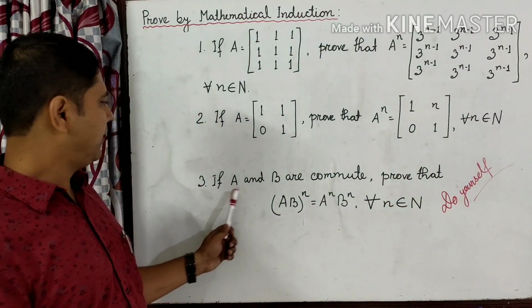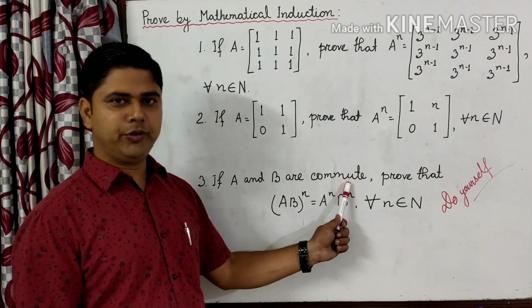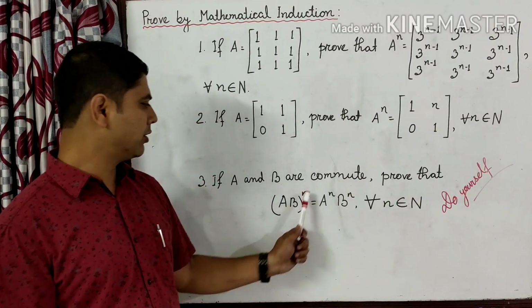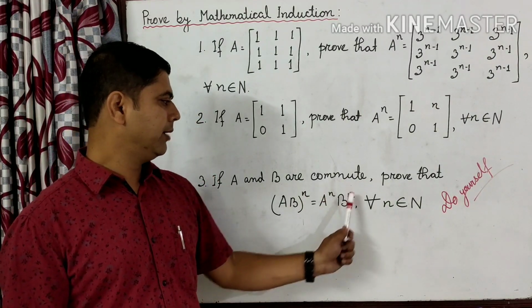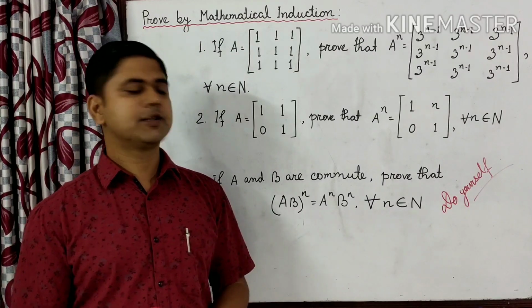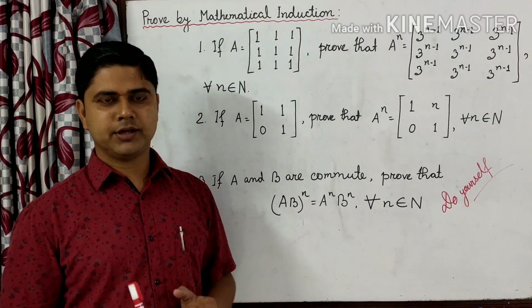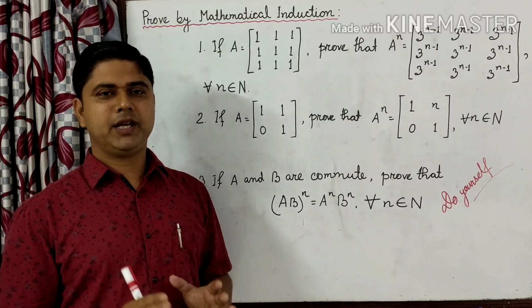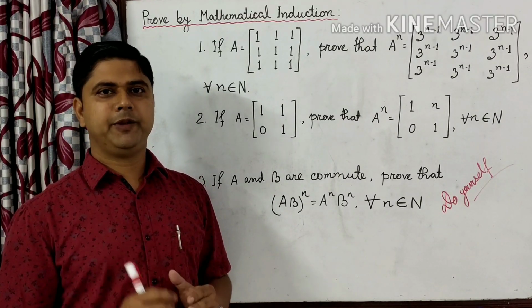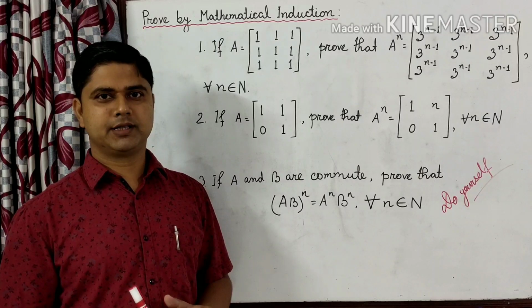And the third one: if A and B commute, then prove that (AB) to the power n equals A to the power n into B to the power n for all n belonging to the natural numbers. I hope you have understood the application of the principle of mathematical induction to matrices.